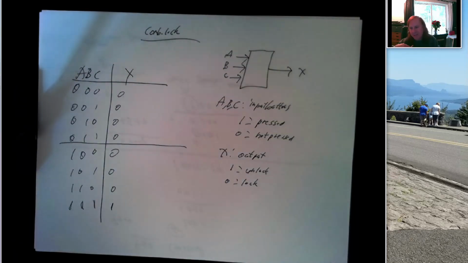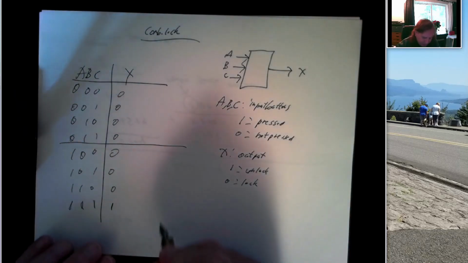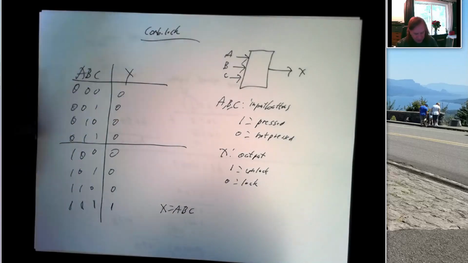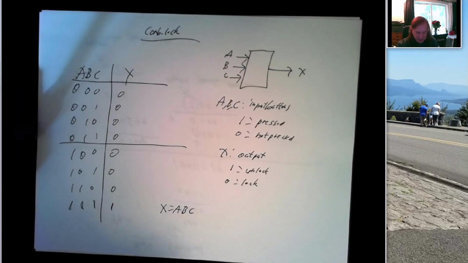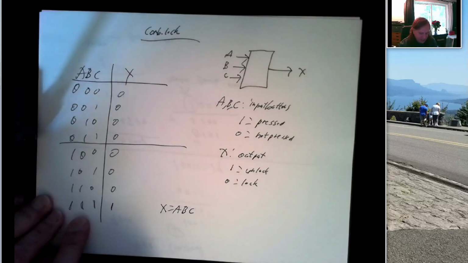If you think about it and go back to truth tables you've drawn, you realize this is nothing more than an AND function. If we write x equals ABC, we can literally translate that as x is A and B and C. And when we say A, what we really mean is A is equal to 1, and B is equal to 1, and C is equal to 1. And that's exactly this case right here.